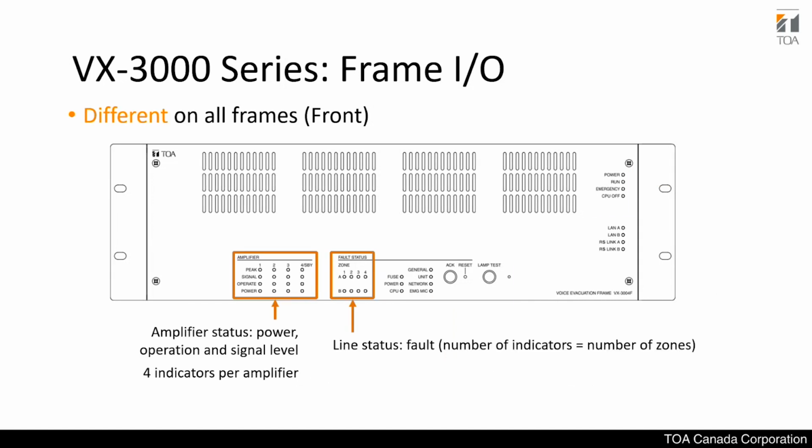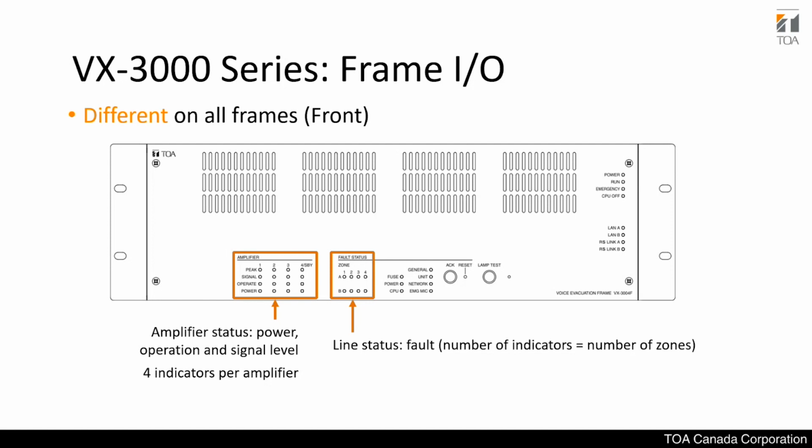There are also failure indicators for the individual speakers. The VX3000 has the capacity to monitor each individual speaker line connected to any module connected to it, so you can monitor whether there's any failure or issues on the speaker lines.